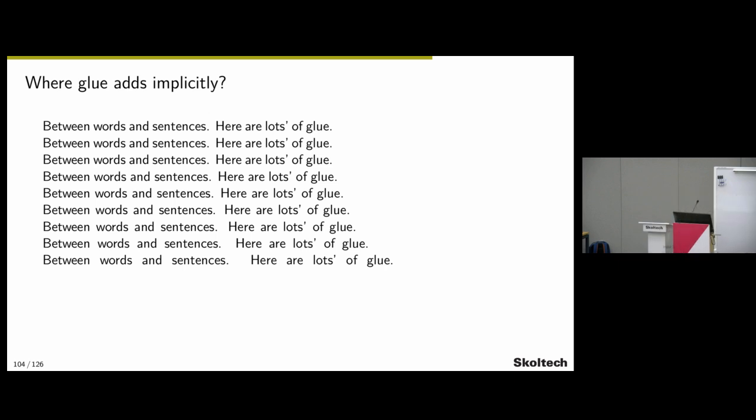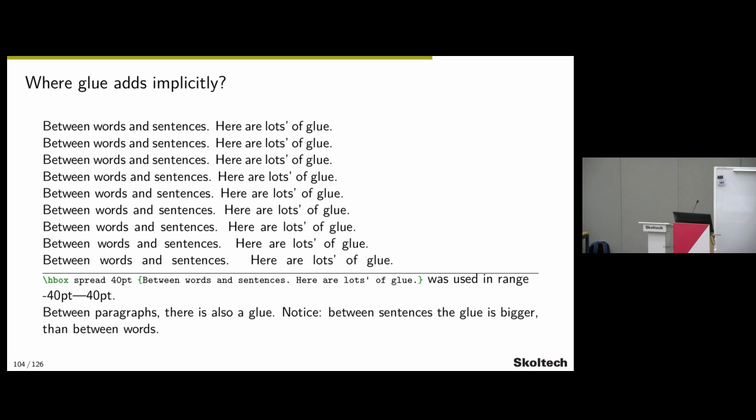Glue is not just explicit, it is added implicitly everywhere. So all these lines change because of the glue. I created this with an hbox spread from minus 40 pt to 40 pt. You see that I don't have explicit glue between this dot and hash, but still there is some glue.